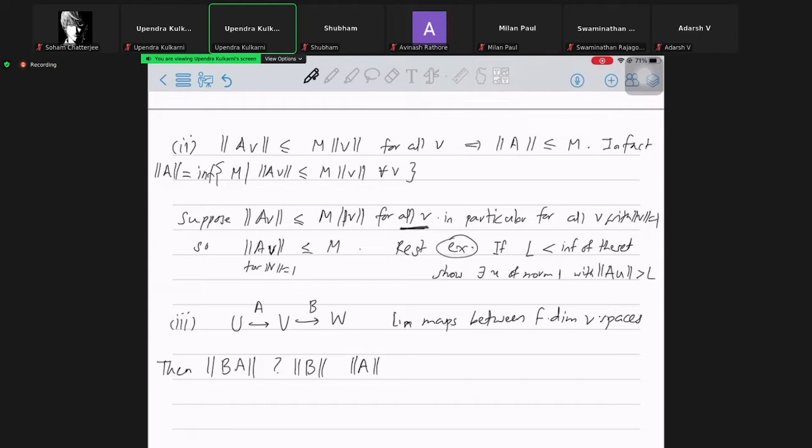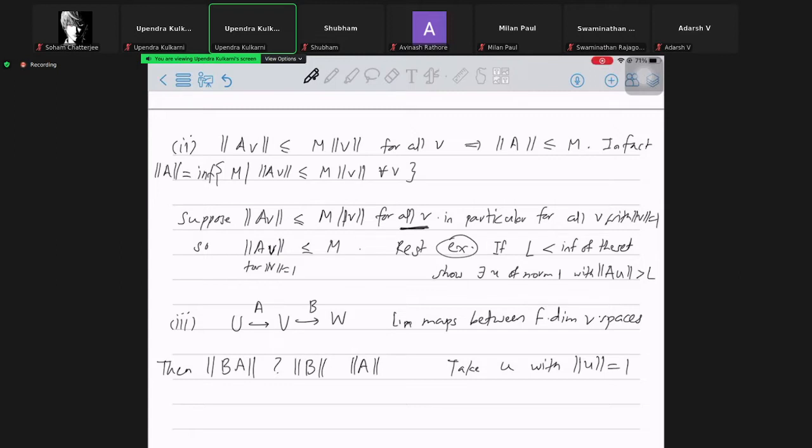So let U be any unit vector, or let's write it like this. Take U with norm 1. Sorry, this U is in the source vector space, right? And it has norm 1.